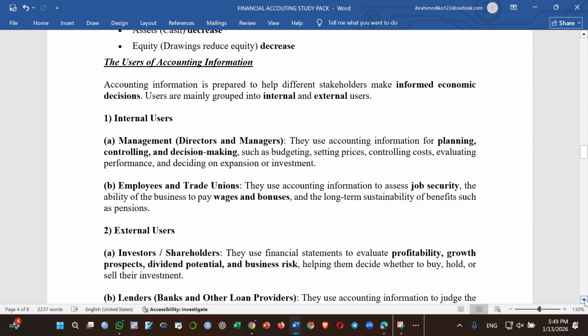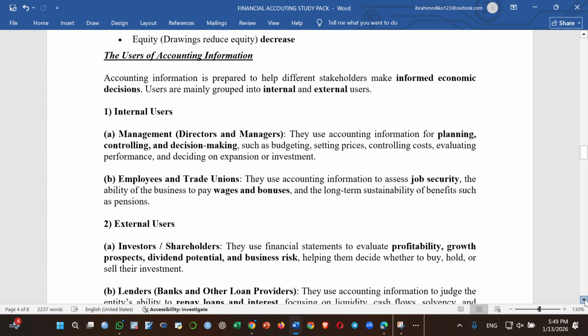So you want to see the performance of the business so as to assess the security of that business, so that you can assess if it is secure in terms of job opportunities. Number two, the trade unions might want to know this information so as to negotiate for payment of salaries or increase of salaries and so on.